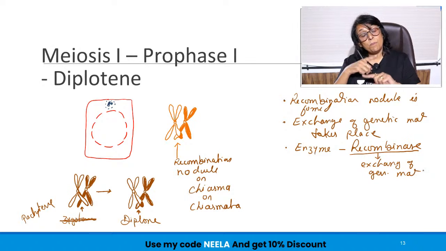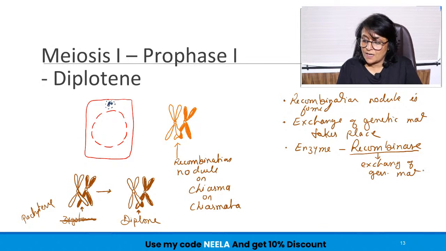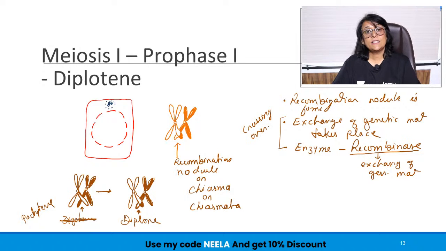And this complete process of exchange of genetic material with the help of this is known as crossing over. So here we say crossing over is completed, recombination is completed, chiasma formation is completed, everything is completed here.